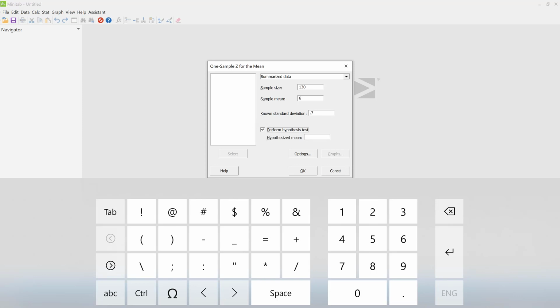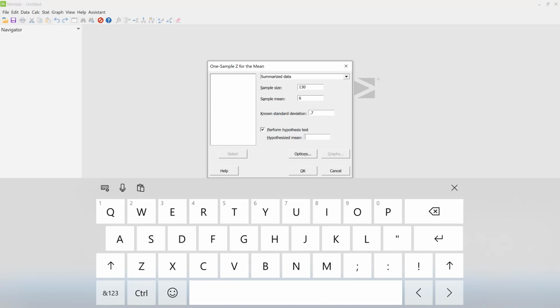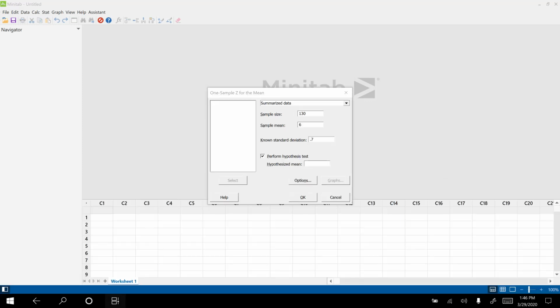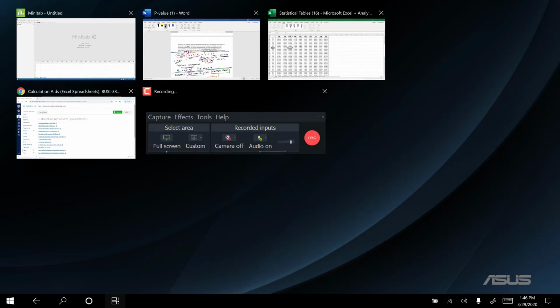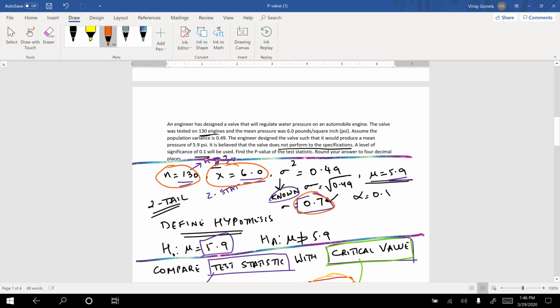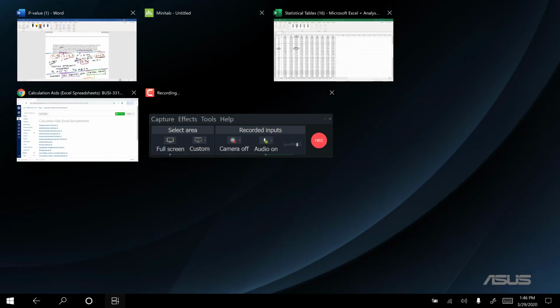And we wanted to perform hypothesis testing. So what is the hypothesized mean? The hypothesized mean is your mu, so that is 5.9, and then I will type in 5.9.